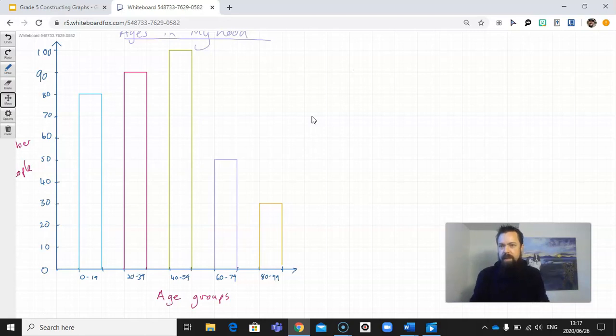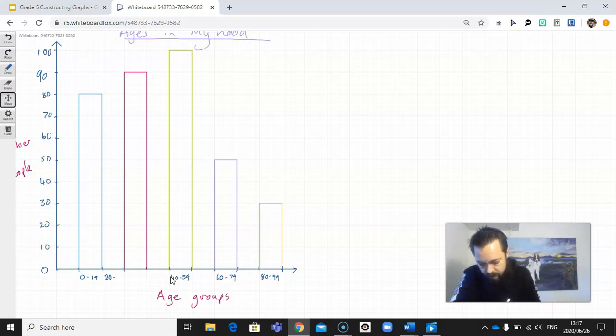Oh, I made a mistake with this. I've done a bar graph and not a histogram. So we need to fix that quickly because ages, histograms should touch. Right, so I hope some of you picked that up. So because this continues, we're going to have 20 over here, so 20 to 39.